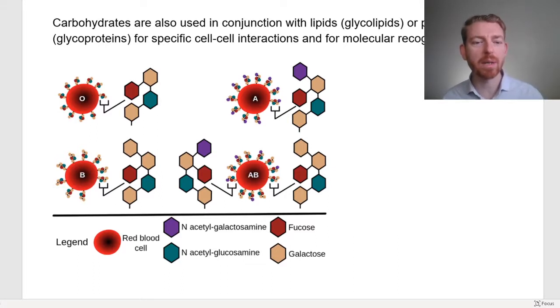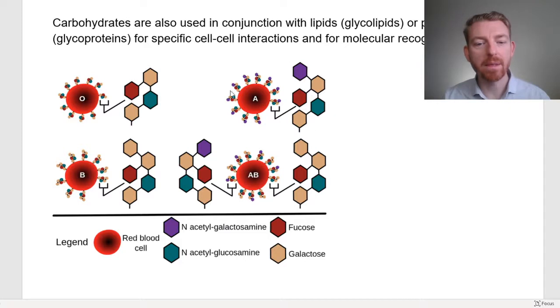The difference between, say, O and A, B and AB blood types is the arrangement of the glycoproteins, or which sugars are attached onto the proteins on the surface of the blood cell. These can be recognized by the immune system in the body, and that is why other blood types are rejected. These types of carbohydrates attached to proteins are also called antigens because they will generate antibodies.